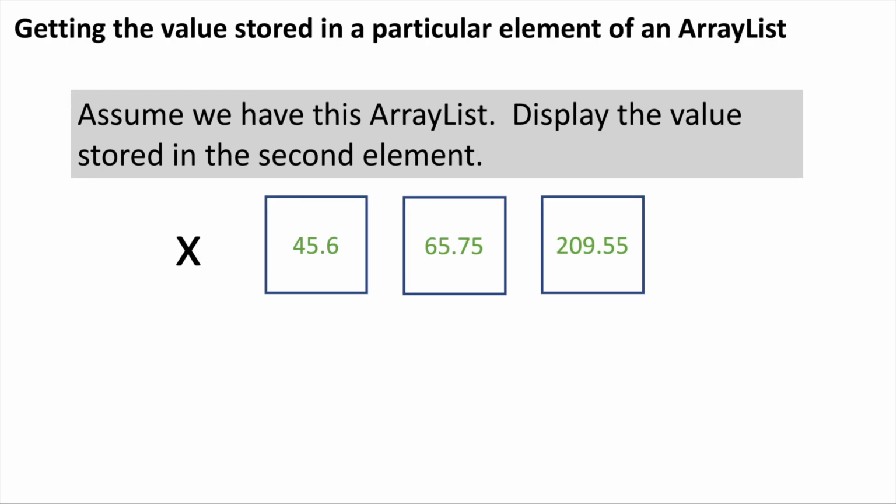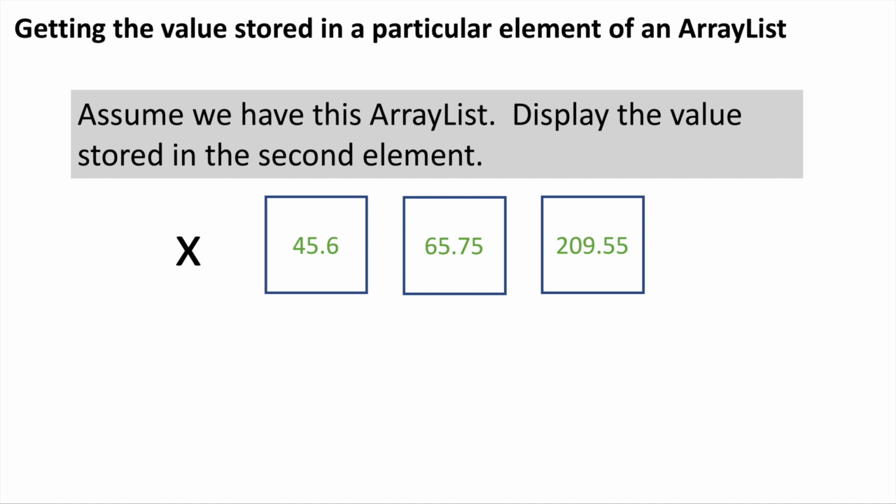Okay, let's come here. And we know that array lists are similar to arrays. They are locations in the memory, and they have indexes starting from 0 and going up, and they have values. So now assume we have this array list right there, and we want to display the value stored in the second element.